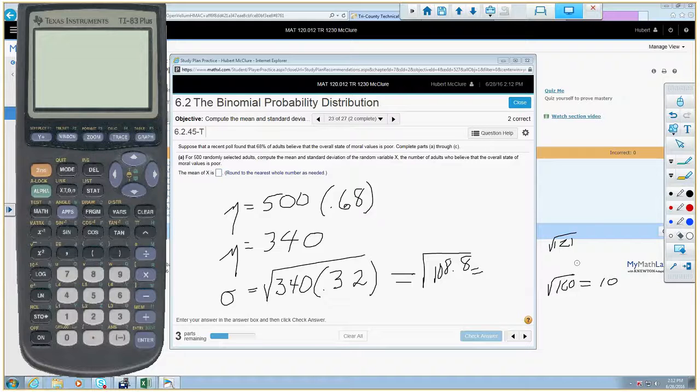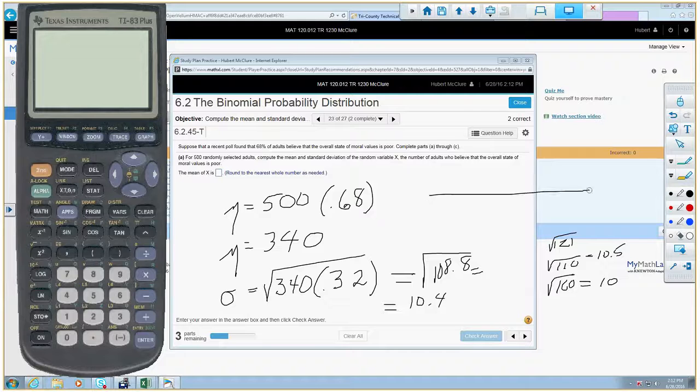So between 100 and 121, if I was taking a guesstimated shot, I would say 10.3. What would it come out to be? 10.4. Okay. So what do we do with that information?